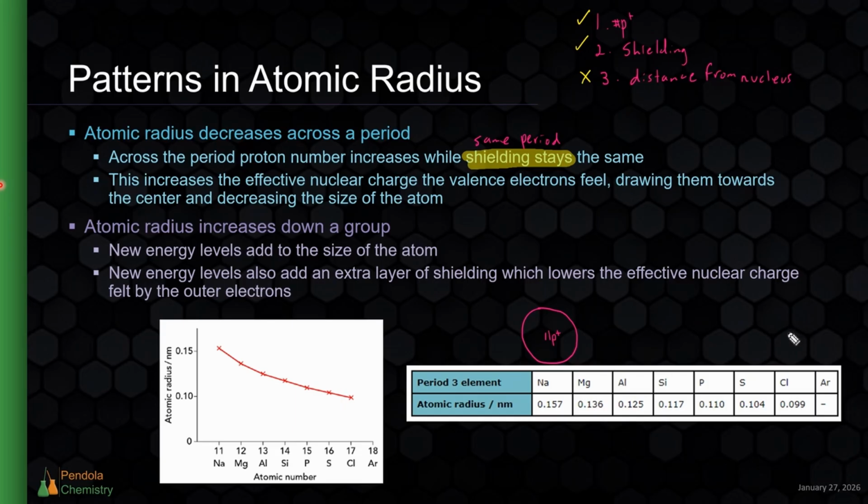Chlorine, on the other hand, has 6 more electrons. So that's 6 more protons. So that's 17 protons in its nucleus. The 11 protons in sodium are going to pull those valence electrons less than the 17 protons in chlorine.